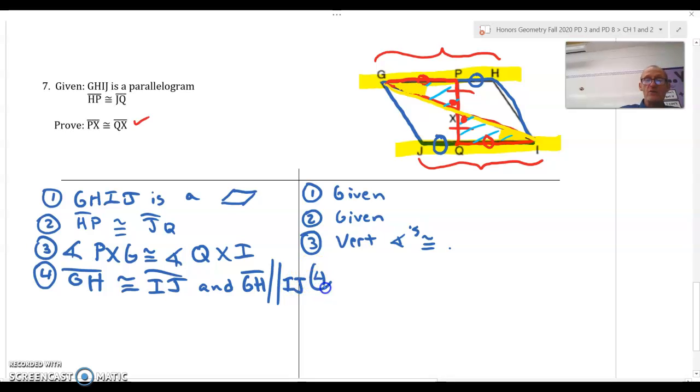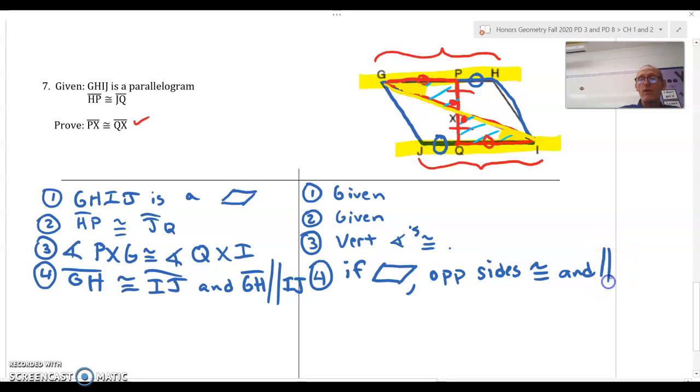Now, that is because if it's a parallelogram, opposite sides are congruent and parallel.